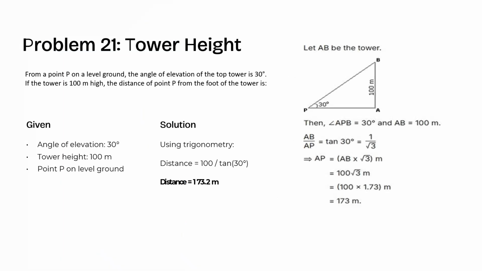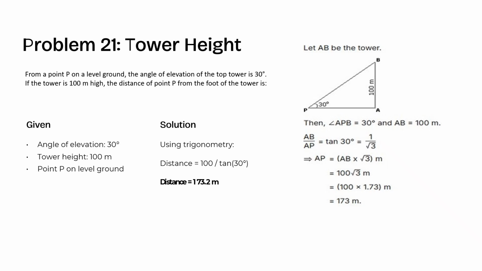So question number 21. If we read this problem: from a point P on a level ground, the angle of elevation is 30 degrees and the tower is 100 m height.